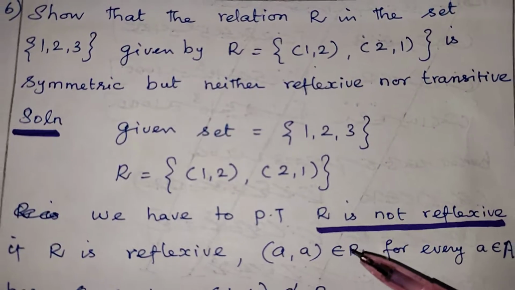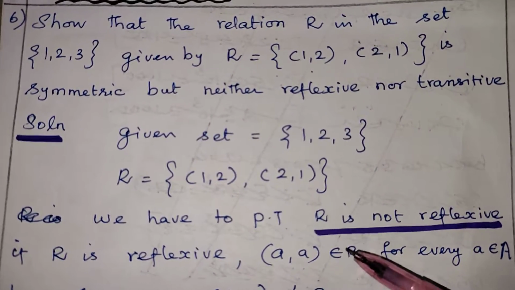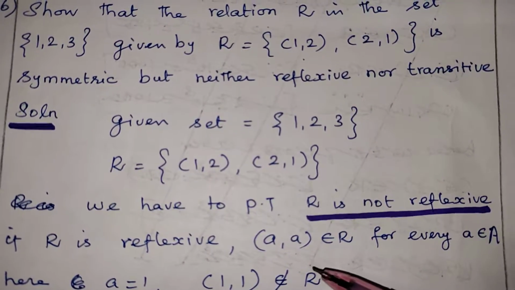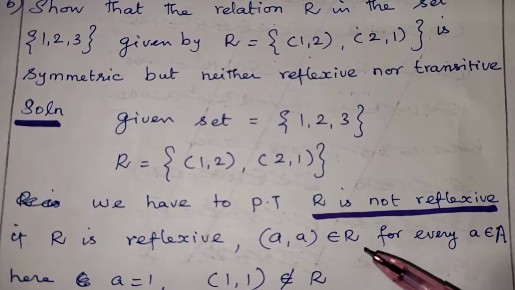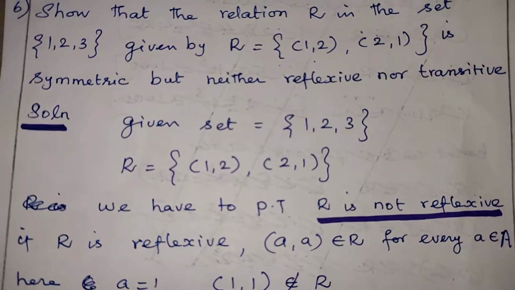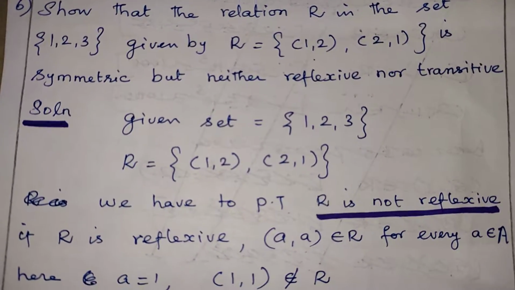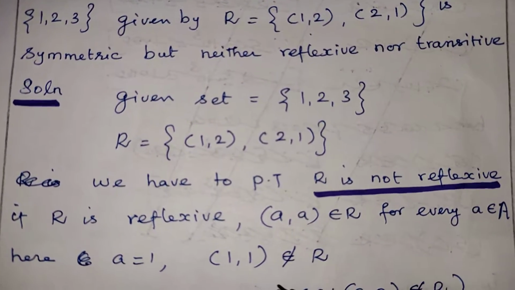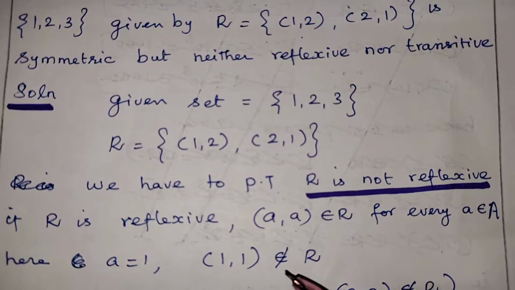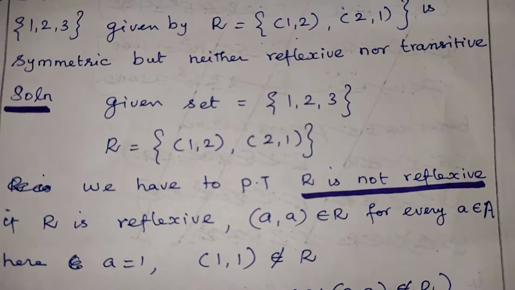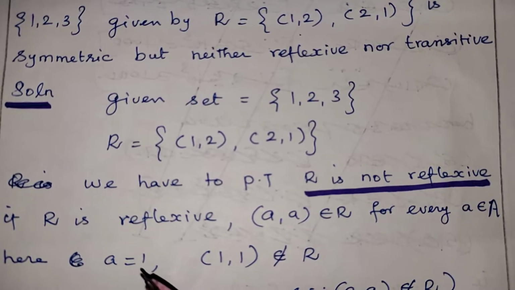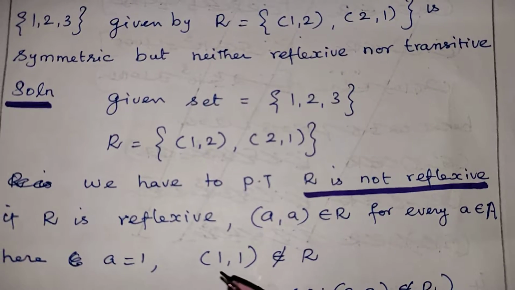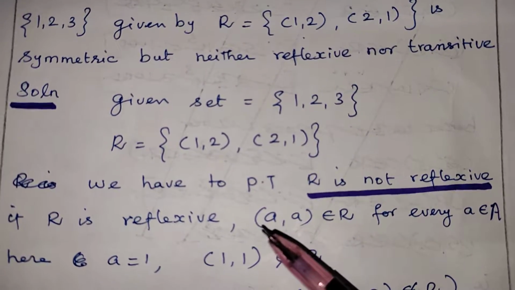Now we have to prove that R is not reflexive. If R is reflexive, then we know that (a, a) belongs to R for every a belonging to A. This is the reflexive condition. Suppose we take a = 1, because 1 belongs to the given set. Then the pair (1, 1), the same number, because it is the reflexive property.